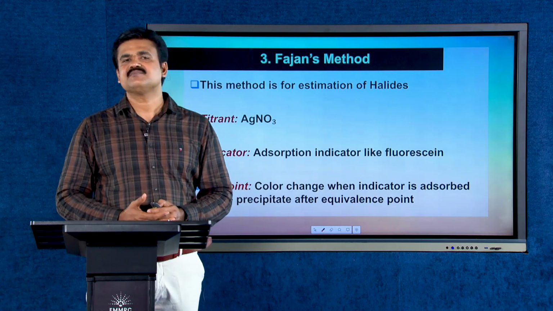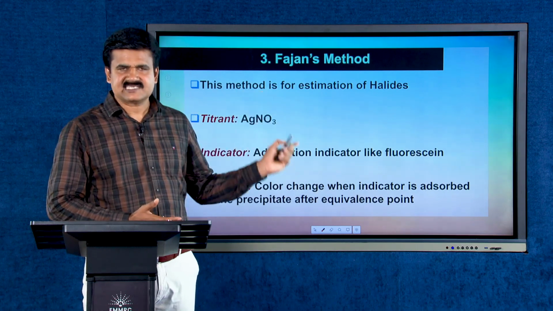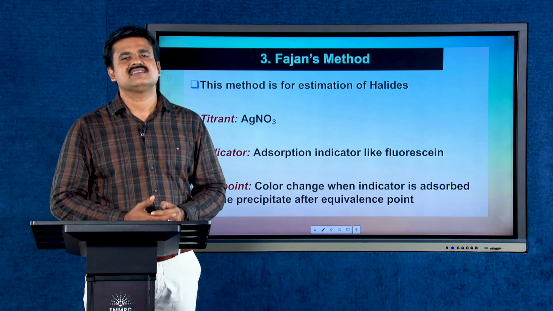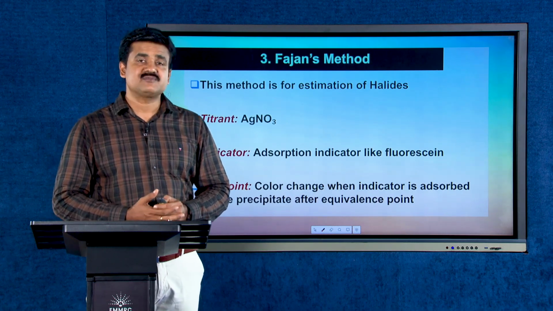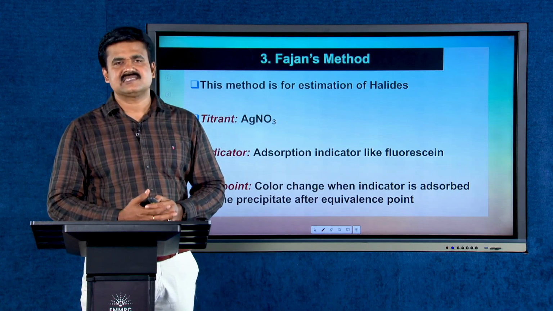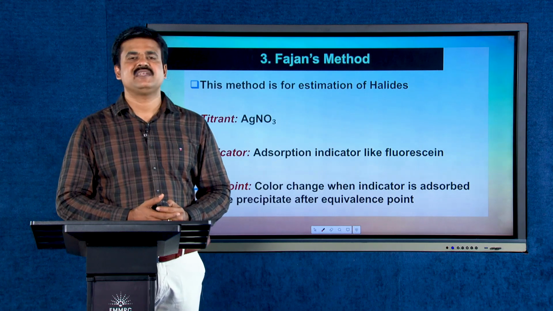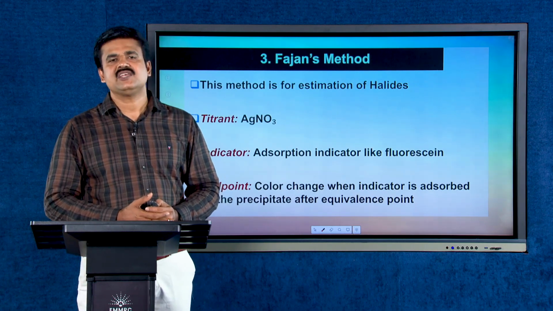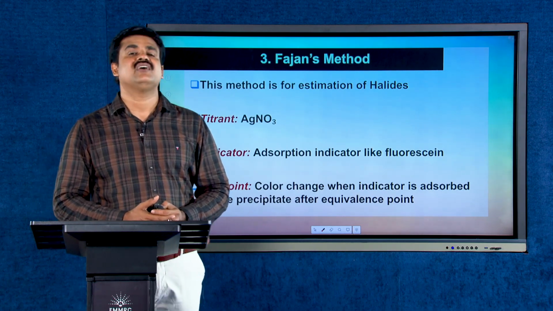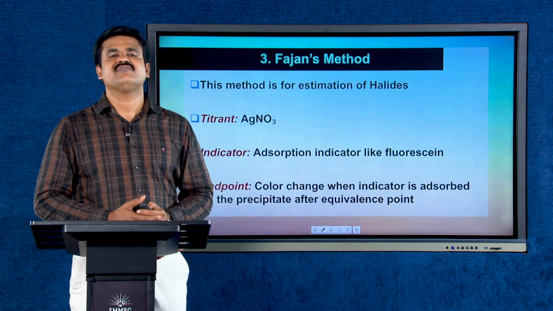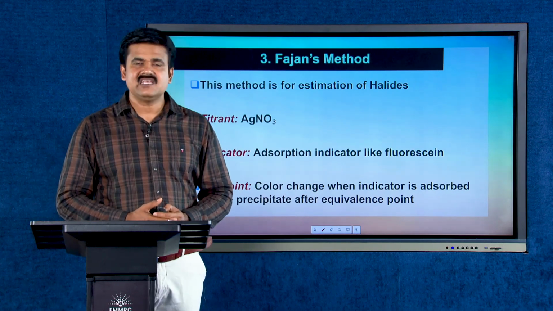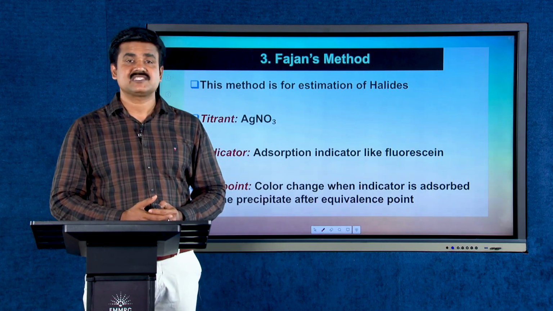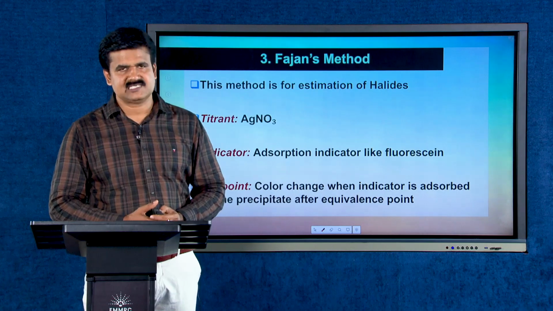So this method is known as Fajan's method, and it is a very important precipitation method, especially used for the estimation of halide ions. So we heard about 3 important selected precipitation titration methods.